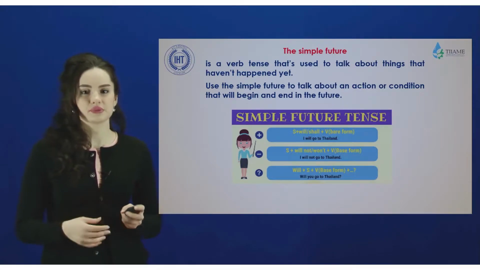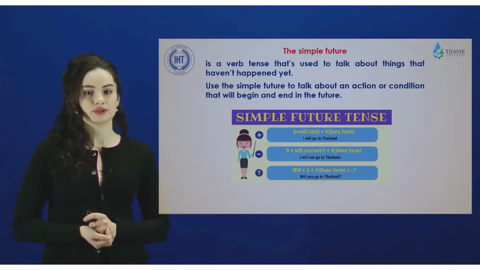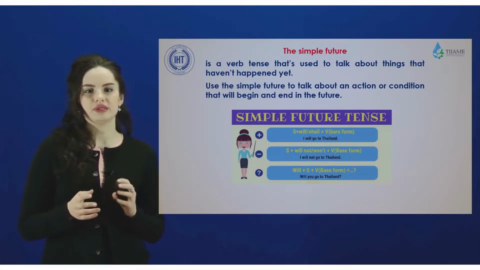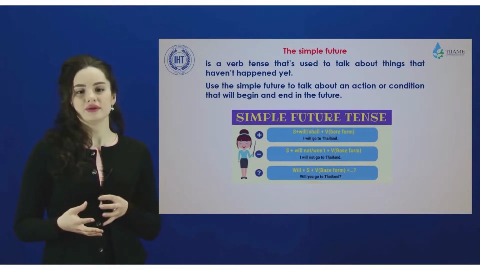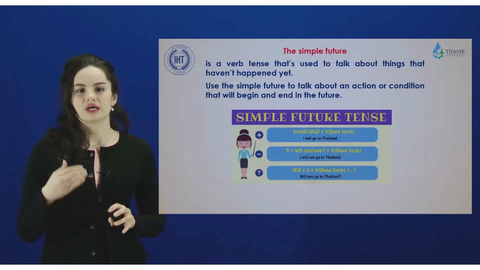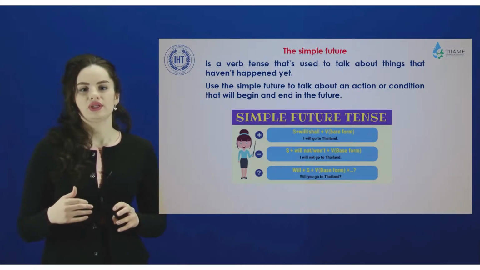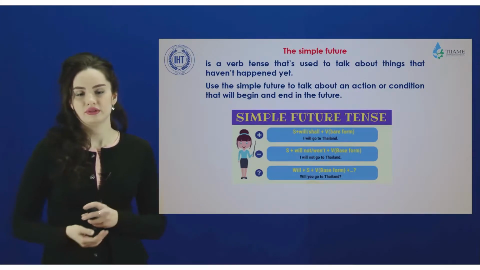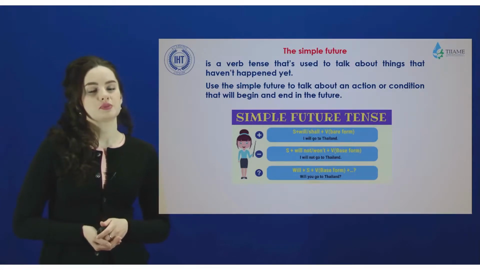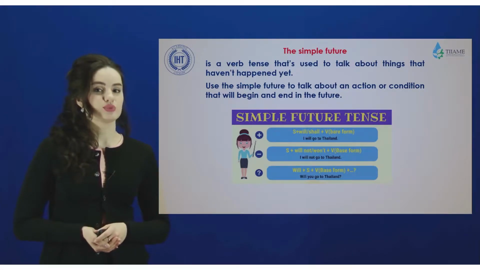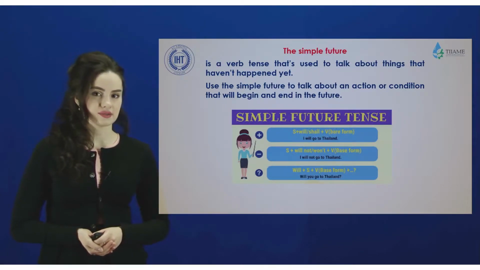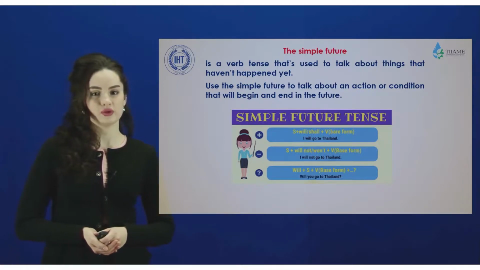So sometimes we may put some adverbs in order to detail a little bit some particular period, I mean maybe a day or part of the day, but that is all. We're talking about some action which is going to happen in the future. Well, you may see some examples. For this purpose, I would also like to mention we should use shall or will auxiliaries and the verb in the form of bare infinitive.